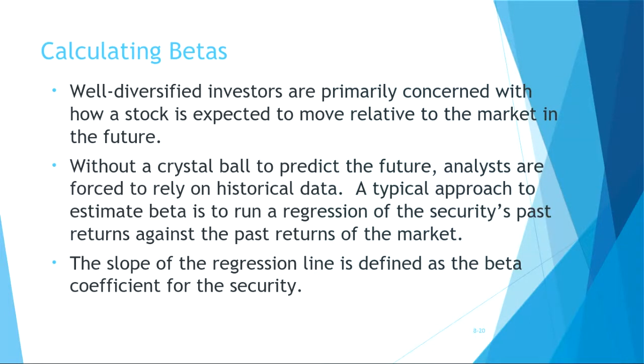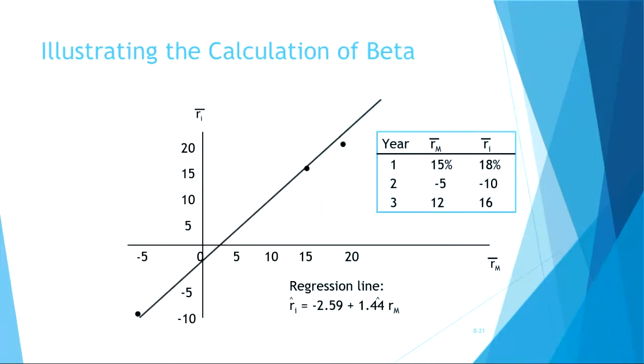So basically, the beta is the slope of this regression line, right? As an example, assume that in one of the years we have -5% in market rate and -10% in our specific stock, right here. Then 12% in market and 16% our stock here, and the other one return is here.